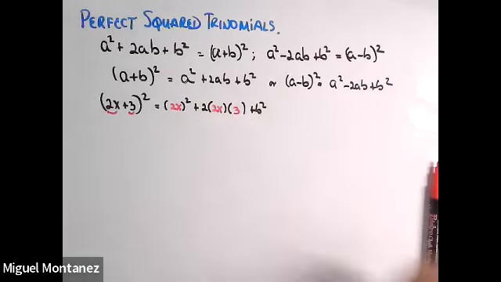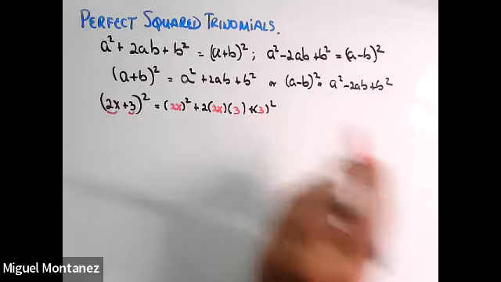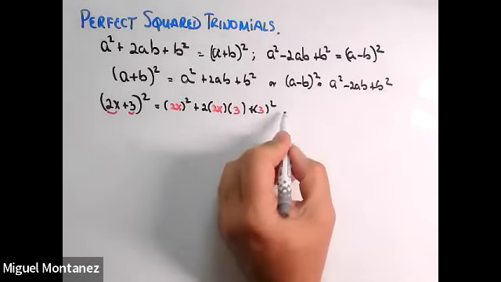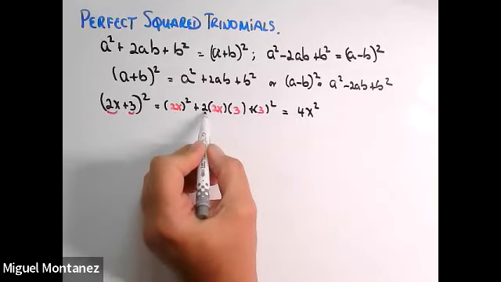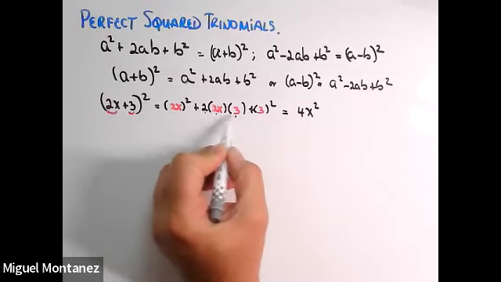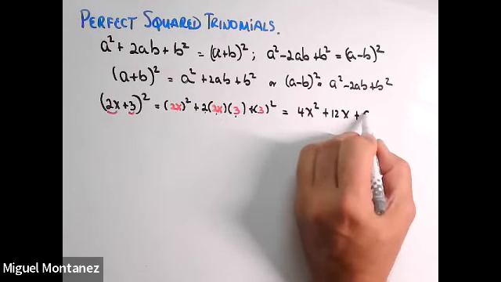Sorry, I made a mistake there; that will be plus b squared. Now we can input the 3. This will be 2x times 2x, 4x squared. 2 times 2x times 3 is 12x. That will be plus 12x plus 9.